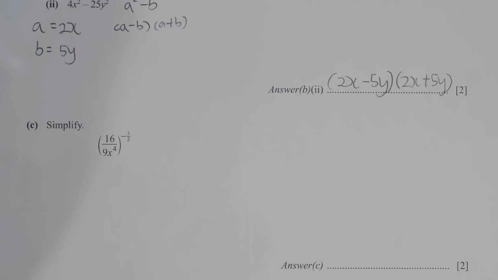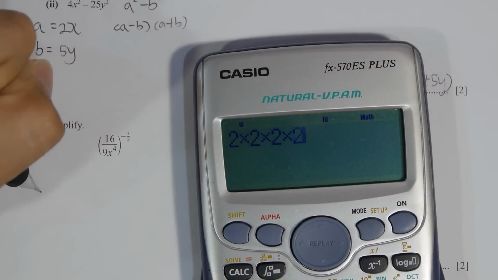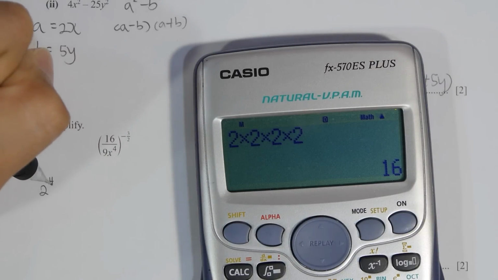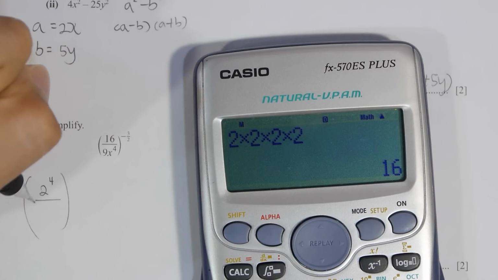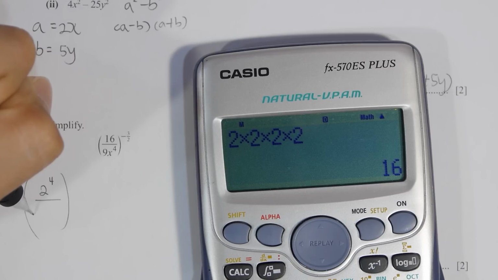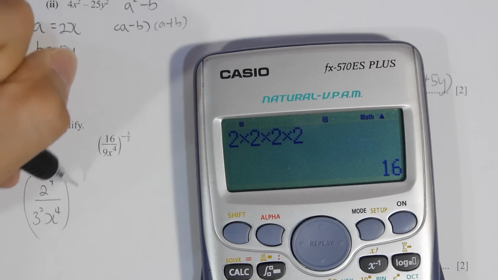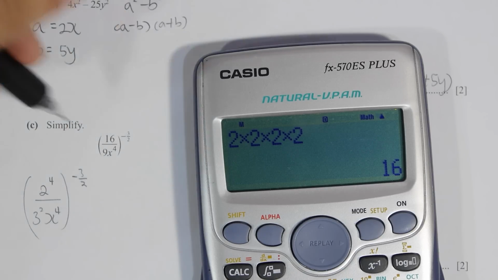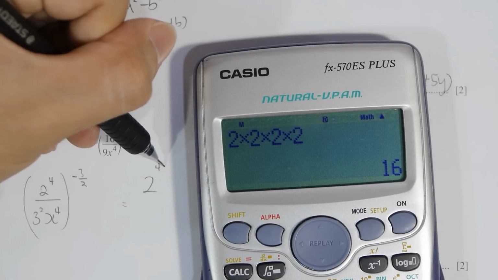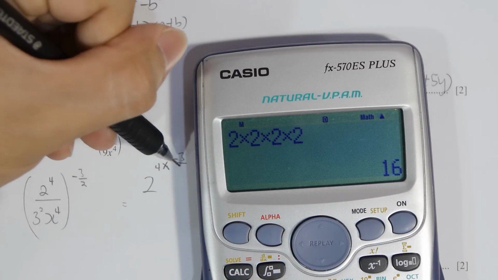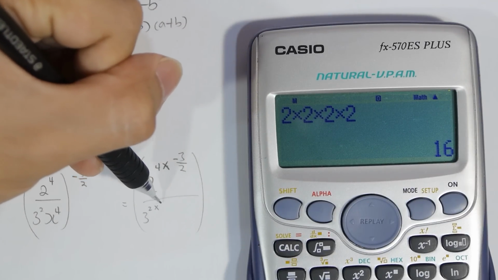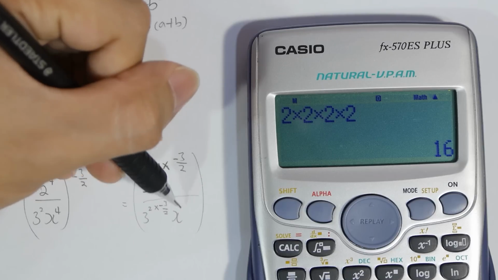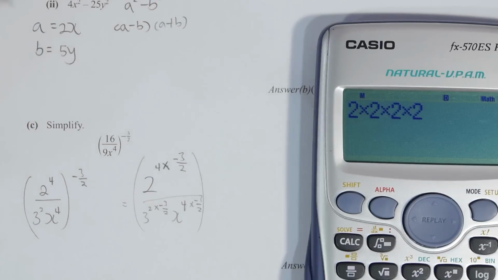For part C, first I changed 16 into 2 to the power of 4, and the denominator 9x to the power of 4 into 3 squared x to the power of 4. Then I substituted the negative 3 over 2 into the power, and I have a balance of 2 to the power of negative 6 over 3 to the power of negative 3 and x to the power of negative 6.